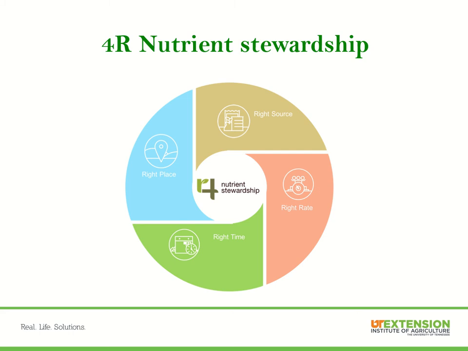So the 4R nutrient stewardship is one of the best management practices that are out there to minimize losses and optimize nutrient use. In this presentation, I'll focus on just nitrogen. So we'll talk about how the 4R applies to nitrogen management in Tennessee. So the 4R is right source, right rate, right time, and right placement method. And we'll see what this looks like in Tennessee.